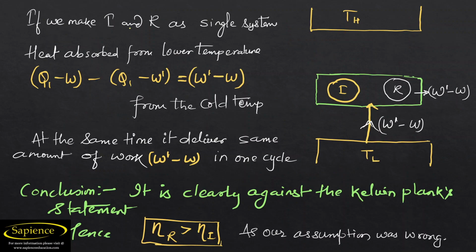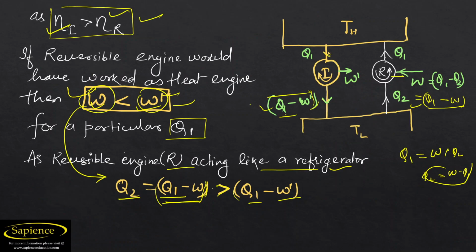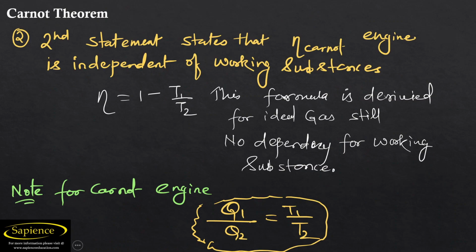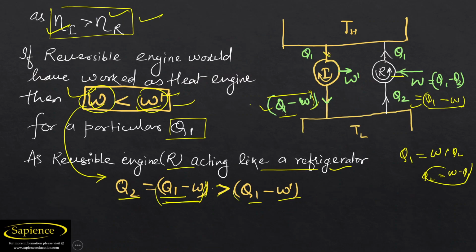Now if we make the irreversible engine and R as a single system, so we will consider it as a single system from the lower temperature. Try to understand from here. Let us understand this irreversible engine and reversible engine. If I combine this, what will happen?